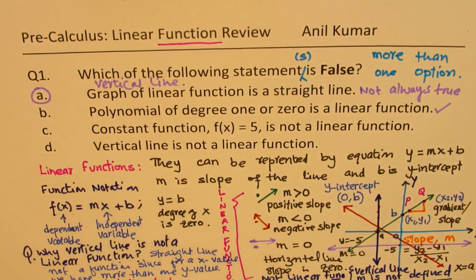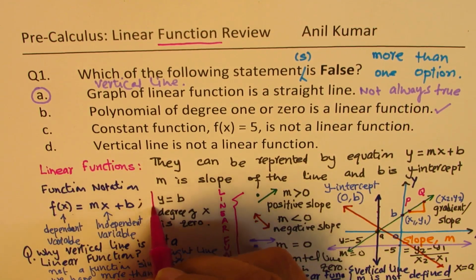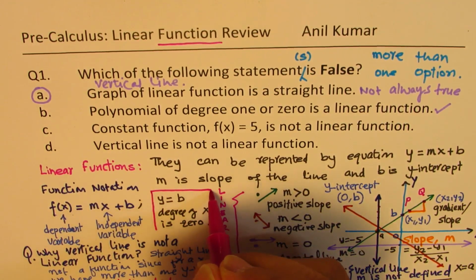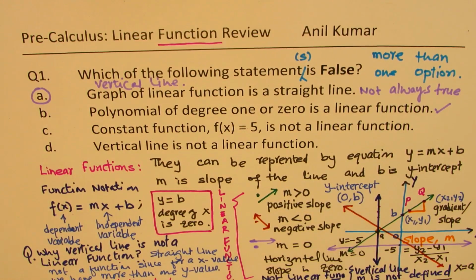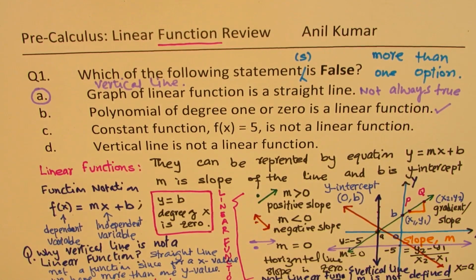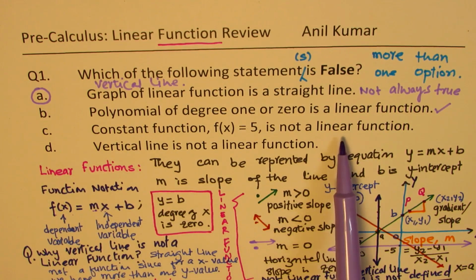In this case degree is 1. Important thing. Right? Let me just highlight this. So this is like our cheat sheet where we have all the information packed up. So this is correct. Degree is 1 when the coefficient of x, that is slope, is not 0. But if m is 0, that is it is a horizontal line, in that case the degree is 0.